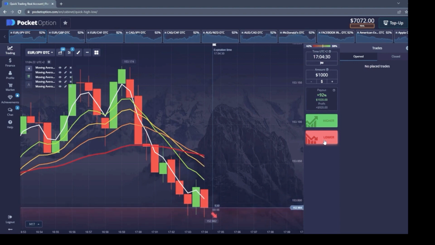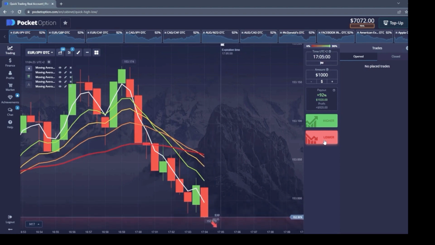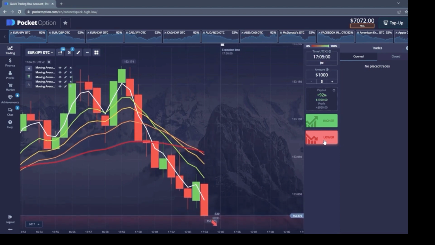This time the moving averages are about to line up in the opposite direction, so I will place a bet in the downward direction when the candle closes.